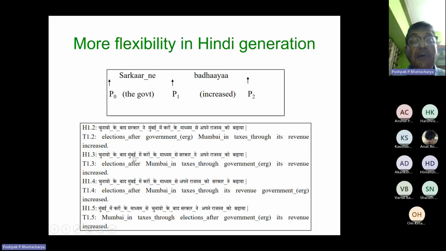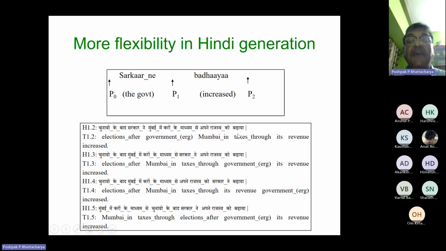We could also have चुनाव के बाद मुंबई में करों के माध्यम से सरकार ने अपने राजस्व को बढ़ाया. चुनाव के बाद मुंबई में करों के माध्यम से अपने राजस्व को सरकार ने बढ़ाया. This is another construction. मुंबई में करों के माध्यम से चुनाव के बाद सरकार ने अपने राजस्व को बढ़ाया. This is also another possibility. But what is invariant in all these variations is that Sarkar has to come before Rajaswa.